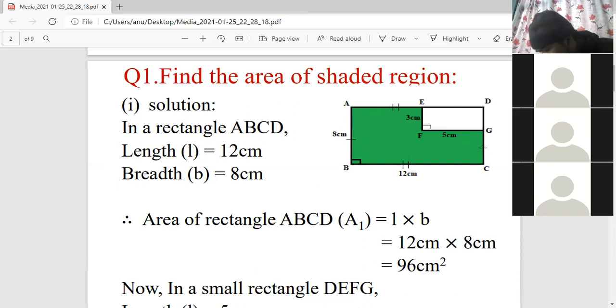First of all, find the area of the bigger rectangle, then find the area of the small rectangle which is not shaded, and from the bigger subtract the smaller, then you will get the area of the shaded region. Okay? Can I move to the next slide?